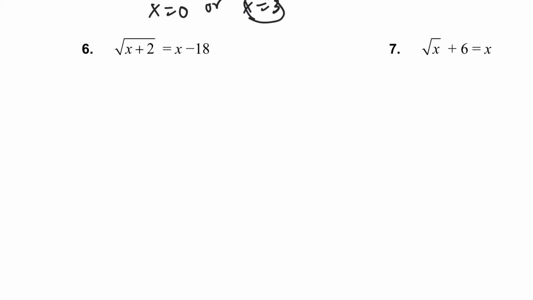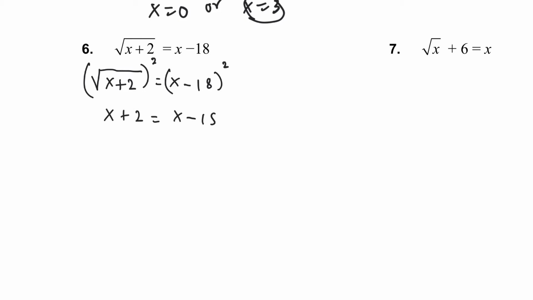Number 6, we have the square root of x plus 2 is equal to x minus 18. So you're going to square both sides. And you have x plus 2 is equal to x minus 18 times x minus 18.